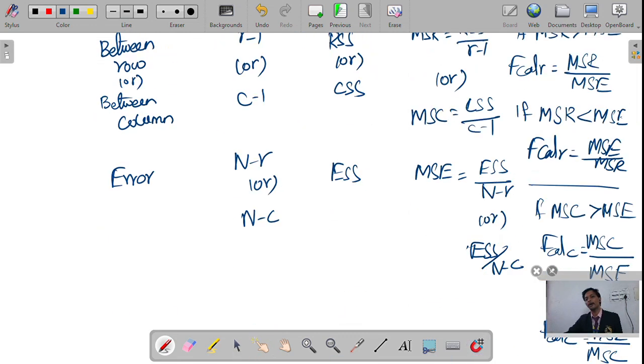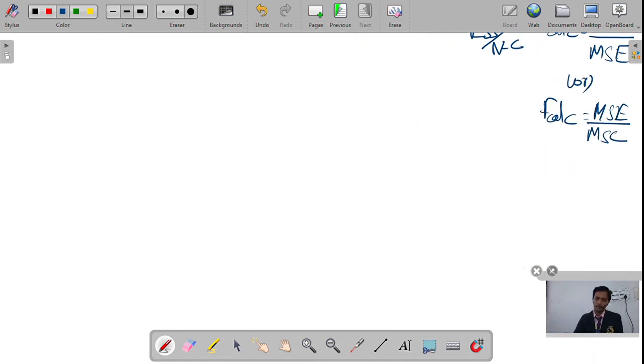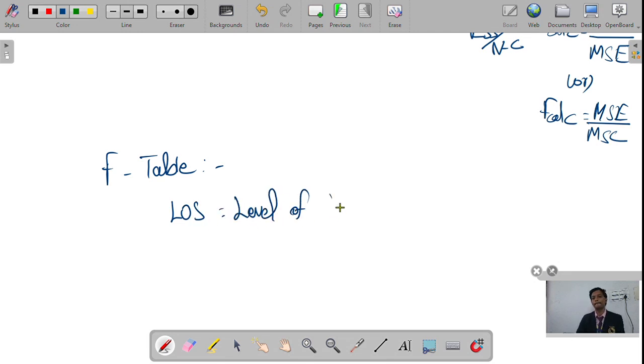After that, you need to calculate the F table value. You have to read the question properly. If the question contains the LOS value, LOS is nothing but level of significance, it lies as 1%, 5%, or 10%.